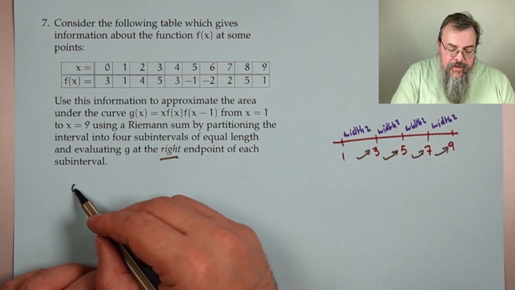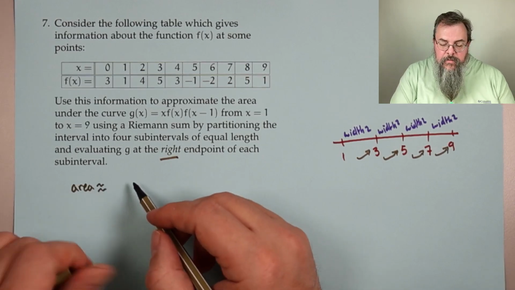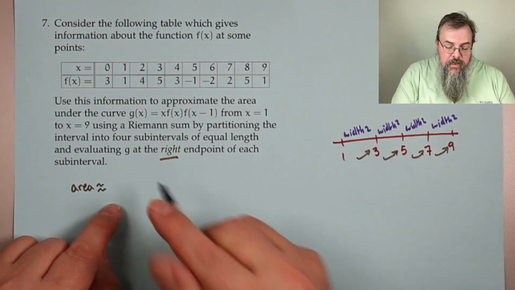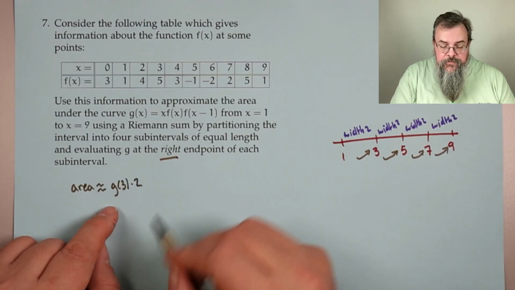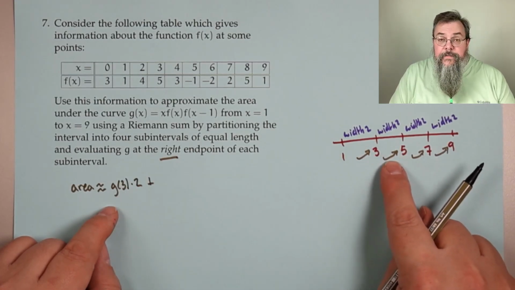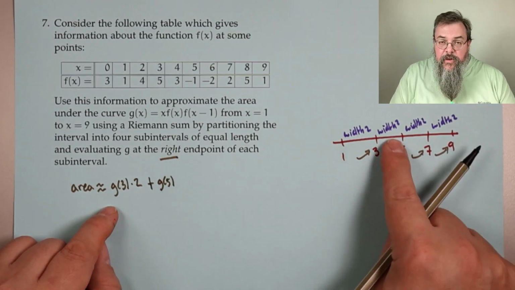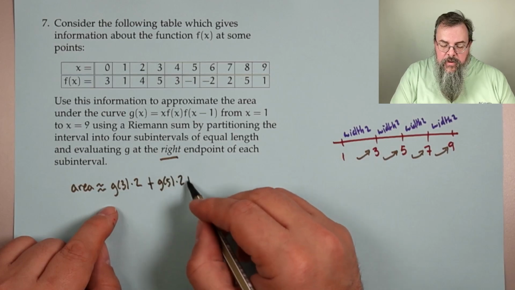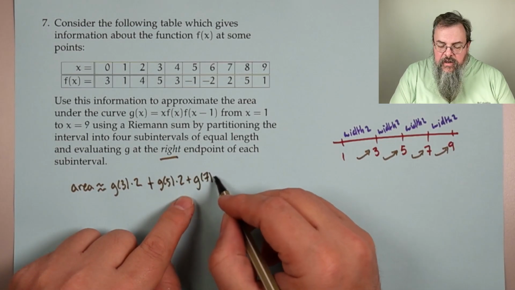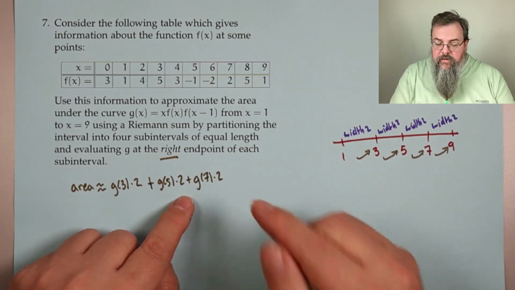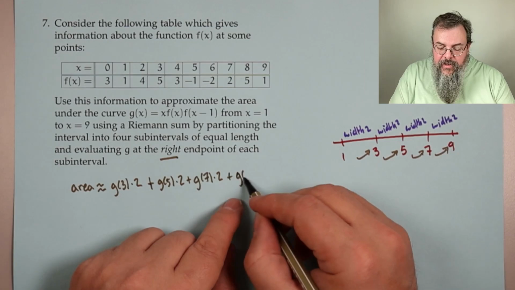So our area is approximately going to be the function at 3, g of 3, we'll figure out what that is in a second, times width of 2, plus the function at 5, that's our height, times our width 2, plus our function at 7, which is our height, times our width 2, plus our function at 9, times our width 2.